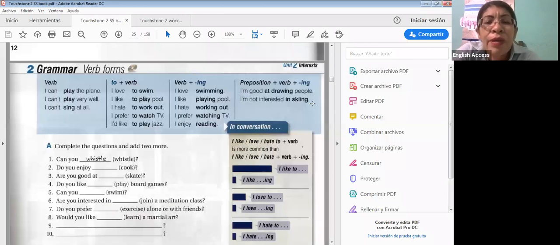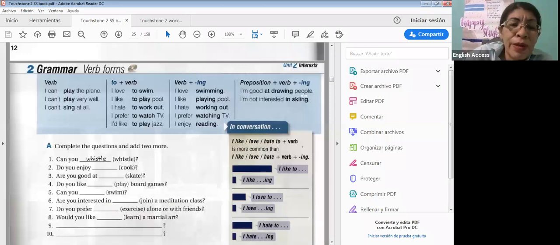And column number 3, preposition plus verb plus ing. I'm good at drawing, I'm good at skiing, I'm good at dancing, I'm not interested in skiing, I'm not interested in learning French, for example, I'm not interested in playing tennis, and that's it.